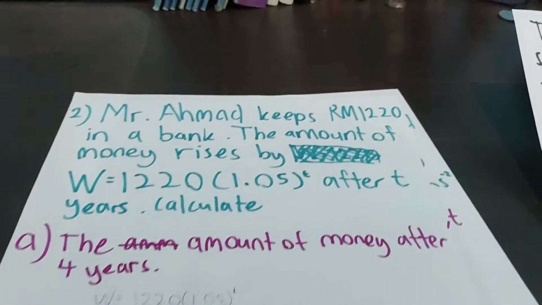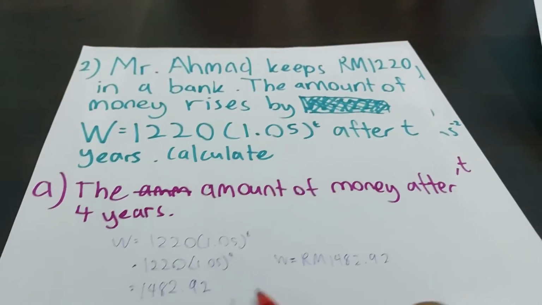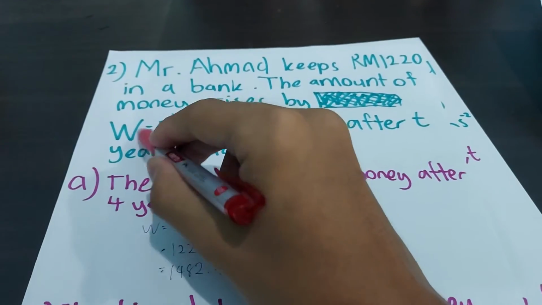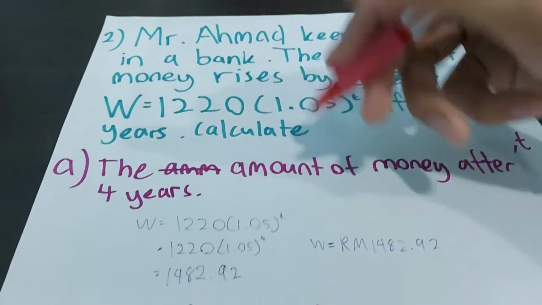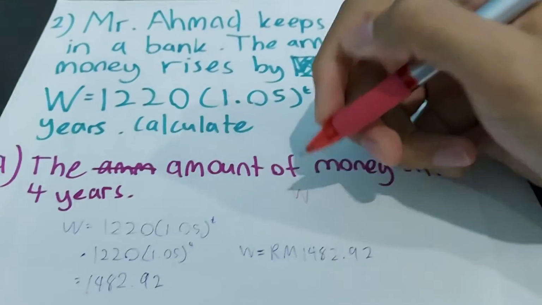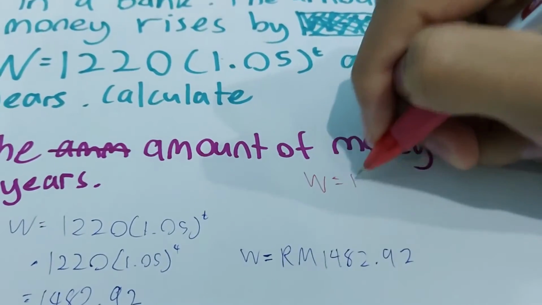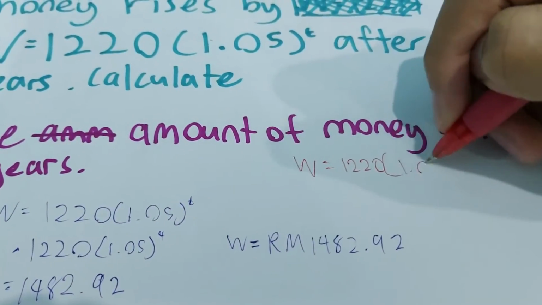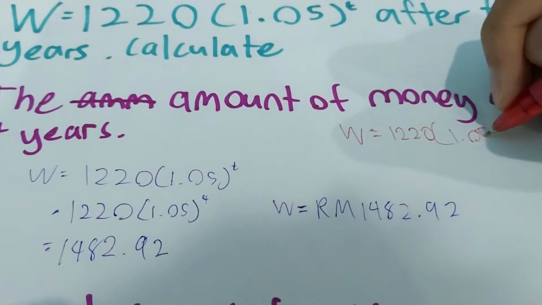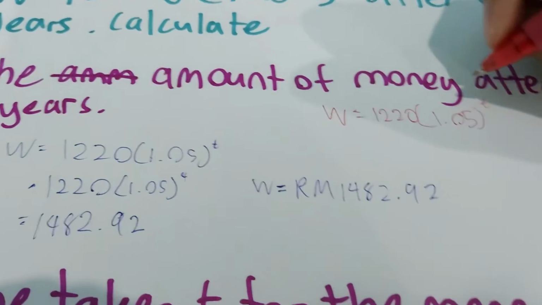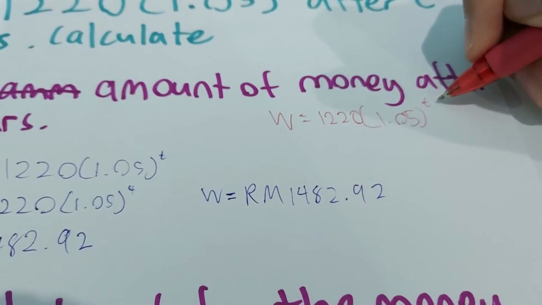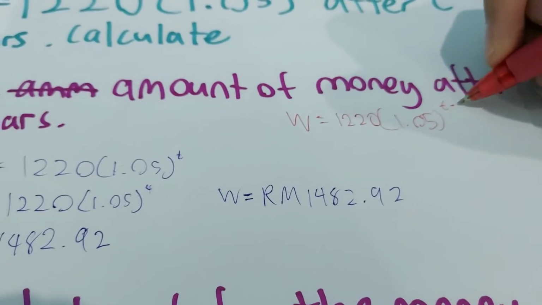Okay, let's continue. So what do we know first? The information is that it already gave us the formula, right? So we simply write back the formula: W equal to 1,220 in bracket 1.05 to the power of T, and as the question stated, T is years.